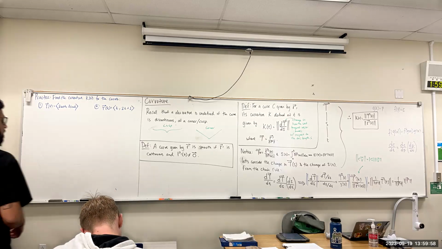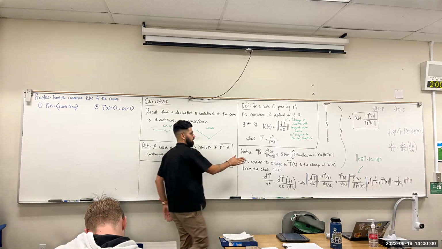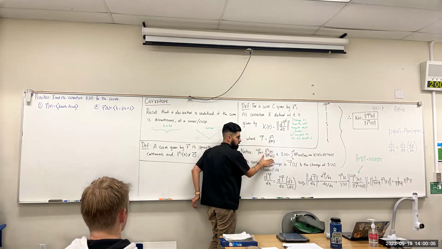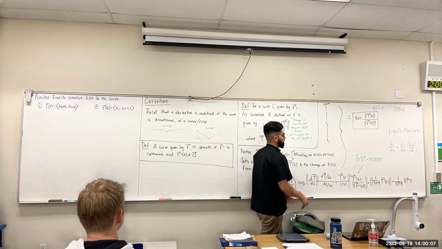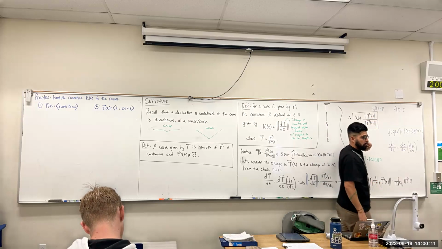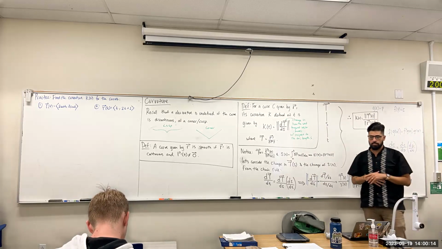So yeah, you gotta be careful, keep track of what you're doing. Remember, this is T. You gotta find T first. Do all this to find T. Then once you find T, then you take the derivative. And then you take the magnitude of that at the end. There's a lot to keep track of.